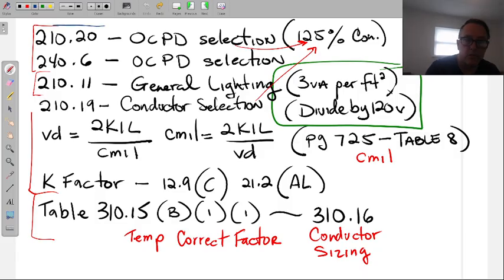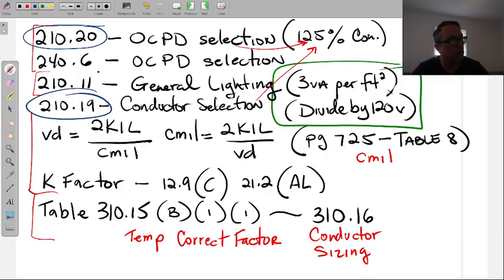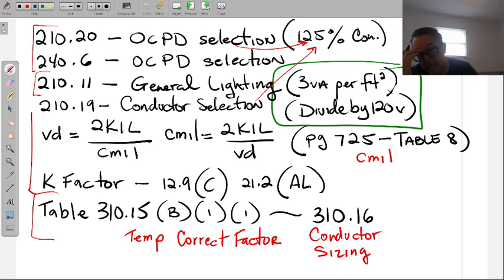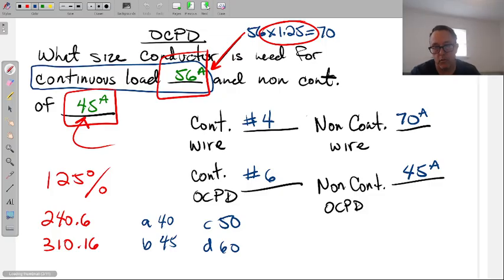Another thing: if you haven't yet, go into those articles and highlight that information as well, so that you can reference it out of the article if you need to. That's the article that explains how to deal with a continuous or a non-continuous load: finding a breaker for each individually, or finding a wire for each individually, and then putting them together.